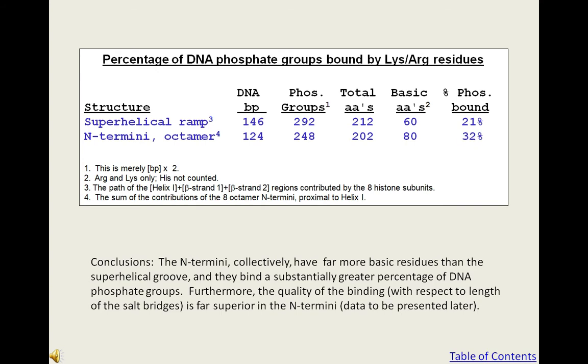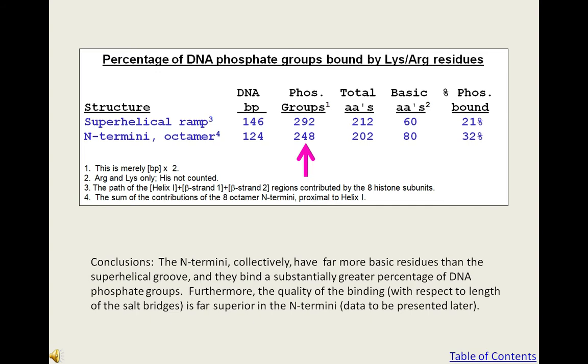Now let's look at the comparable statistics for the N-terminal region of the octamer. In the new histone model I'm going to show you today, there are slightly fewer DNA base pairs, namely 124, than in the current model, and of course 2 times that number of phosphate groups, i.e. 248 phosphate groups.